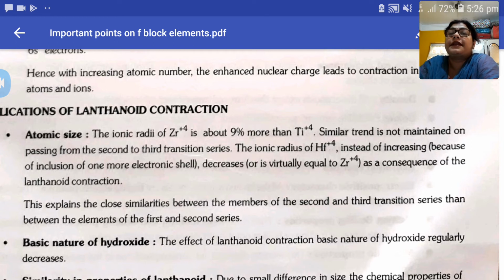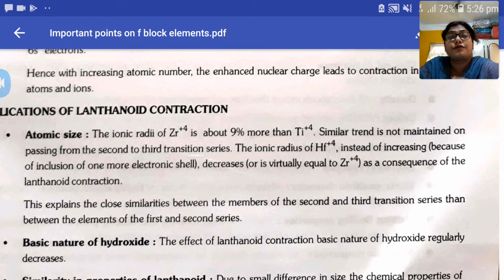And next, this explains the close similarities between the members of the second and the third transition series than between the members of the first and the second transition series. So due to this lanthanide contraction, there will be close similarities between the members of the second and the third transition series, compared to the first and the second.